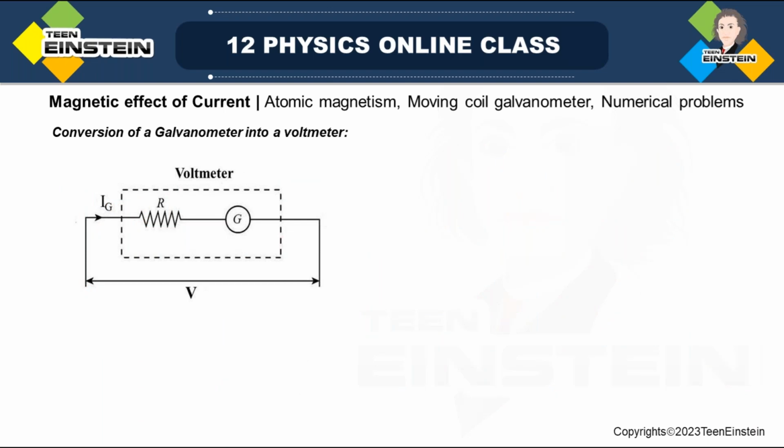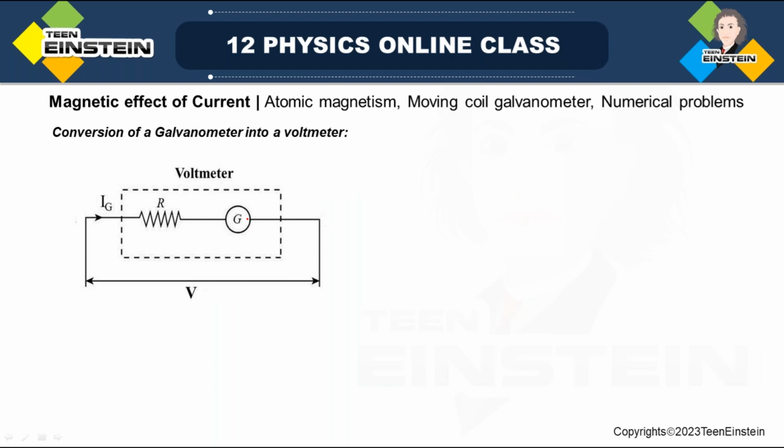To convert a galvanometer into a voltmeter, you have to use a large resistance in series with the galvanometer, as you see in this figure. So you have to use a very large resistor, with resistance greater than G.